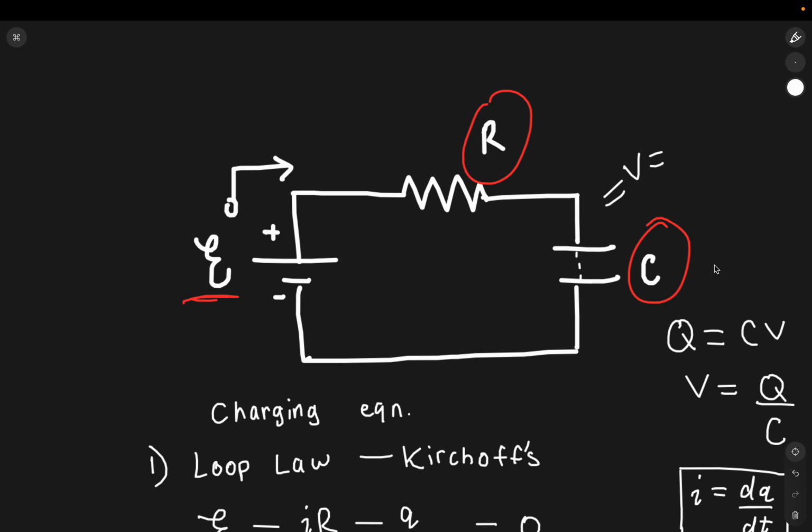The charge that it stores is going to be equal to CV. And remember, our voltage source here is our electromotive force. So that's what we will be approaching as time goes to infinity.